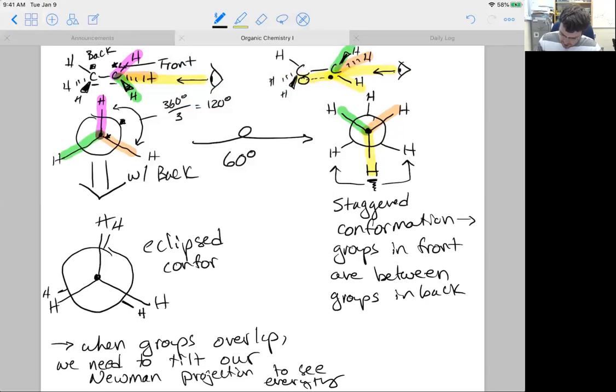Hopefully you can see where I get the name eclipsed, because with staggered, everything was equally split and it was somewhat aesthetically pleasing to draw. But with eclipsed, everything overlaps and it's kind of a little bit annoying to draw, because if you tilt this atom to the right, you have to tilt this atom down and to the left so that everything twists a little bit. It's like we're taking this structure and tilting the back just enough so that we can see everything.